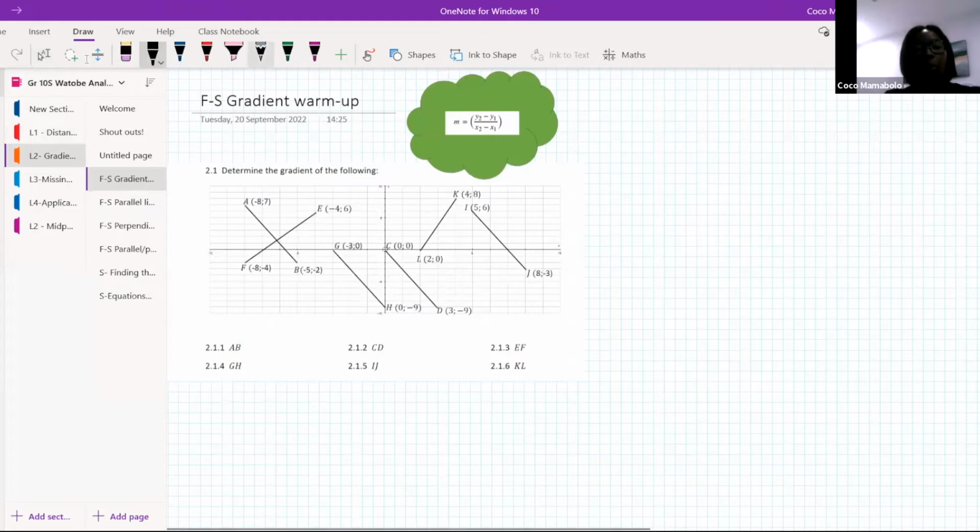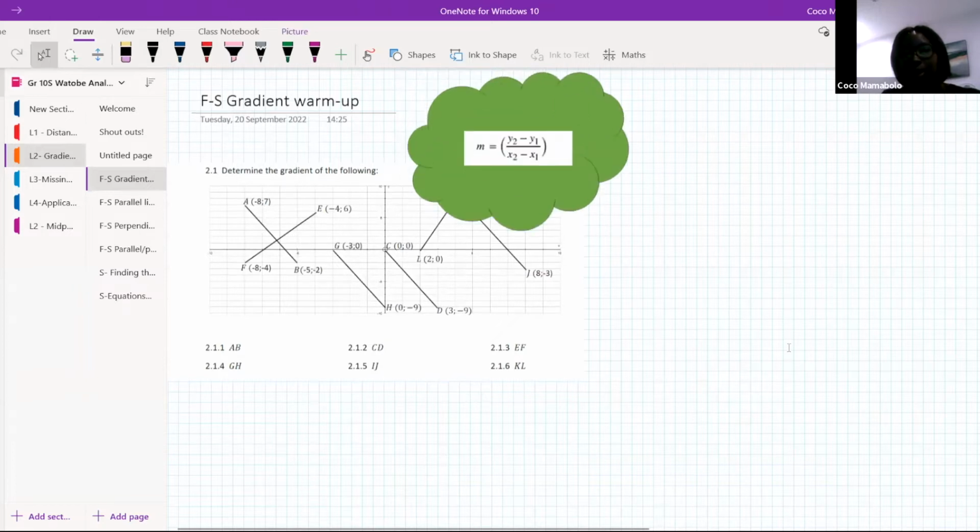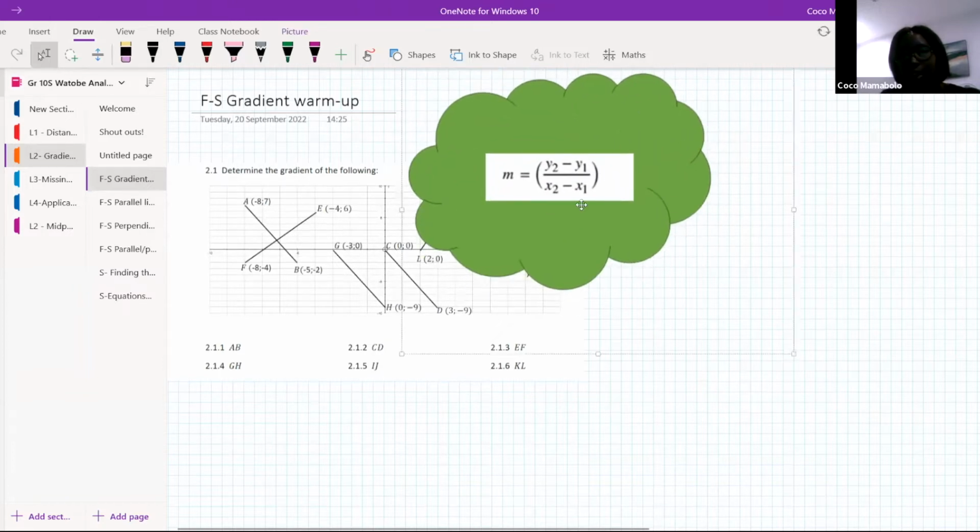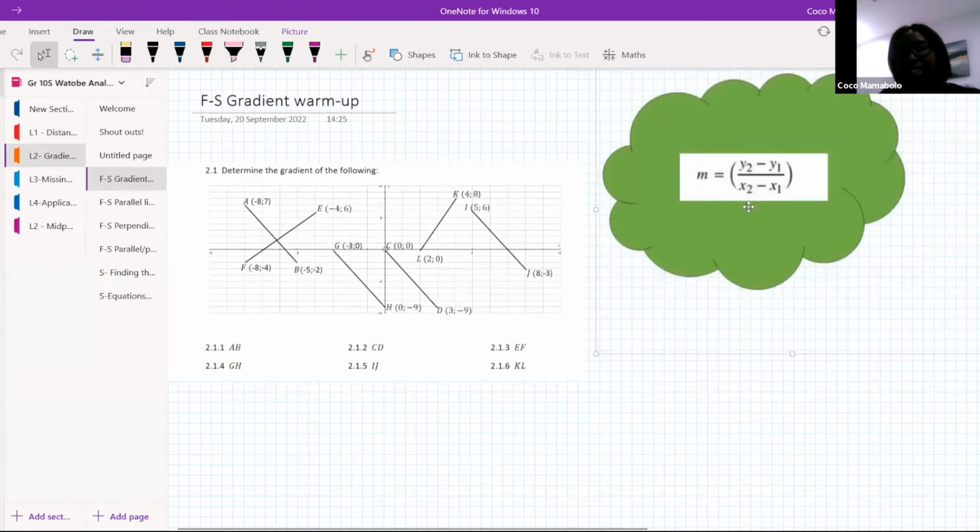Okay, what my gradient actually is, I just want to make this bigger because it's really tiny. My gradient actually tells me how steep something is.